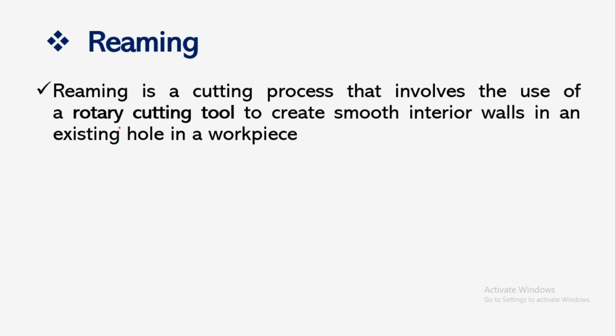Reaming basically involves a rotary cutting tool, and this is a multi-point cutter. As we have seen in the lecture, drilling uses a two-point cutting tool, turning has a single-point cutting tool, and this reamer is a multi-point cutting tool.